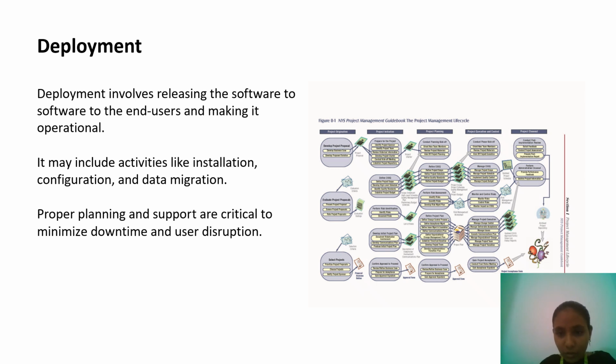As shown in the figure, the project management guidebook for the life cycle model. Here, these different types of phases are involved while we deliver successful software to the end users.